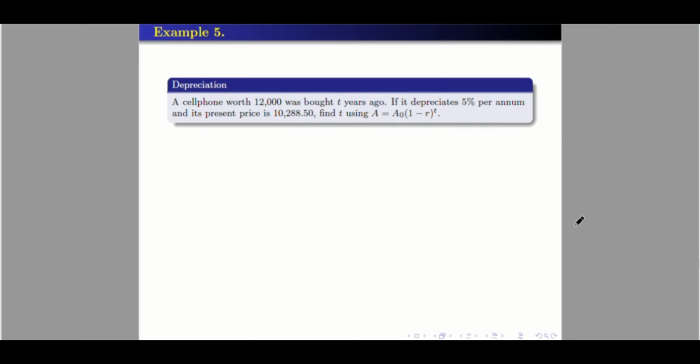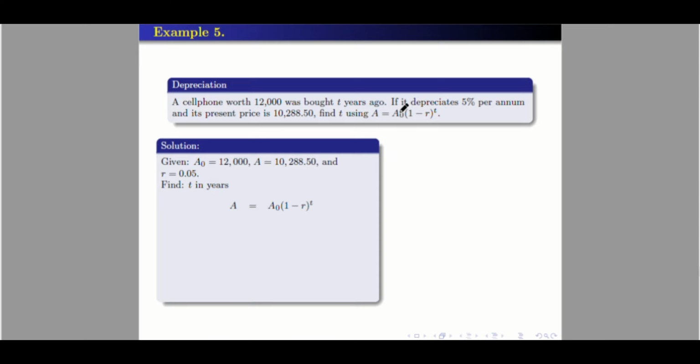Okay, let's go to our next example about depreciation. A cell phone worth 12,000 was bought t years ago. If it depreciates 5% per annum, or per year, and its present price is 10,288.50, find t using A is equal to that expression.